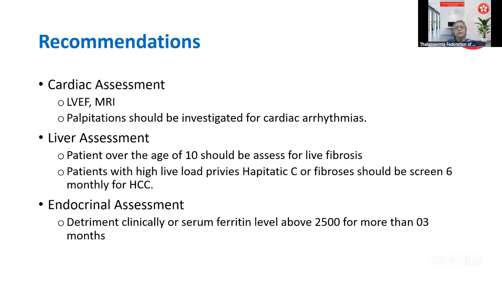The liver assessment: patients over the age of 10 years should be assessed for liver fibrosis, which is the first change because of iron. But if patients have high liver iron load, or they had a previous hepatitis C which was treated and the patient became hepatitis C negative, or you had documented fibrosis, they should be checked 6 monthly for hepatocellular carcinoma with an ultrasound.